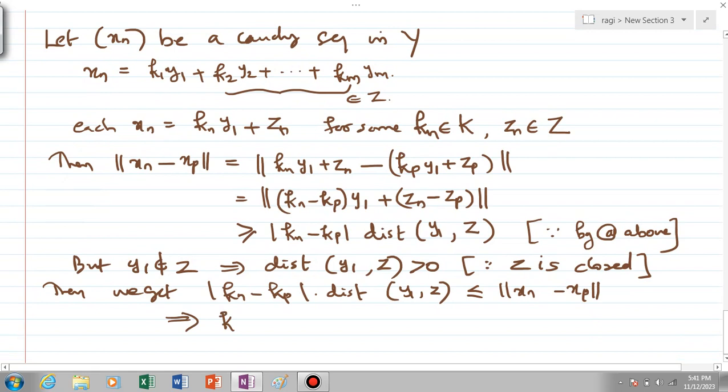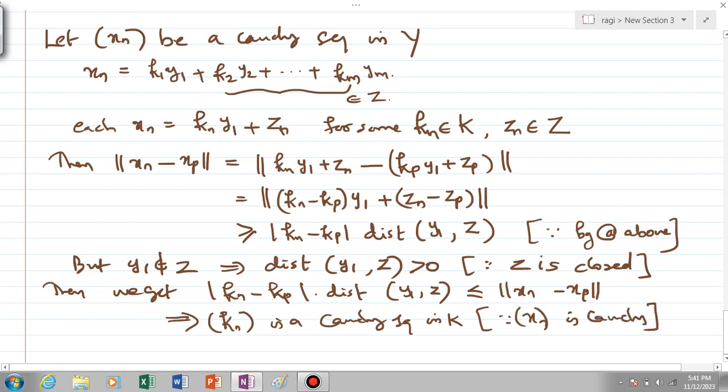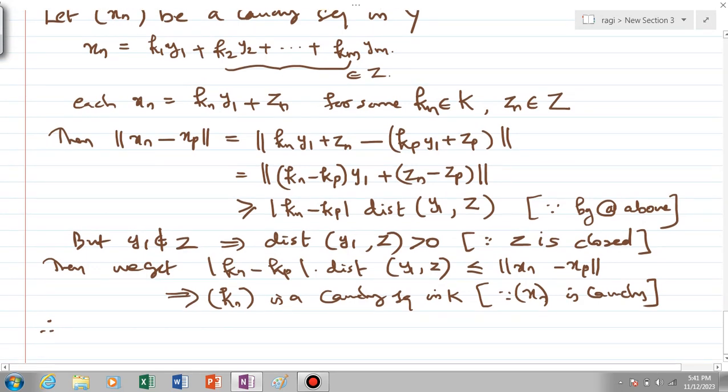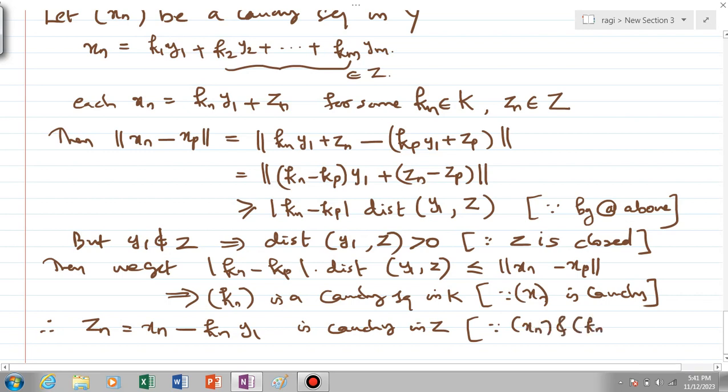This means that the sequence kn is a Cauchy sequence in K, since xn is Cauchy. Therefore zn equal to xn minus kn y1 is Cauchy in Z, since sequences xn and kn are Cauchy.